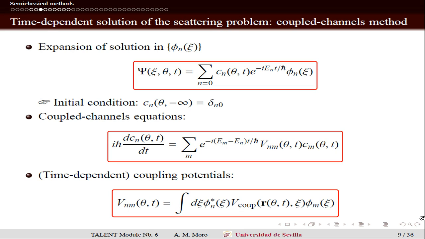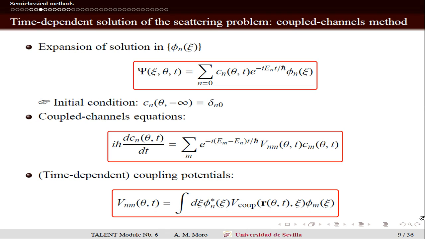So we can identify the trajectory by either the impact parameter or the scattering angle. One impact parameter will give rise to one scattering angle. The opposite is not always true.